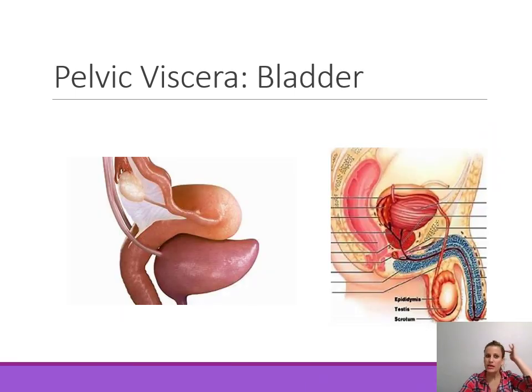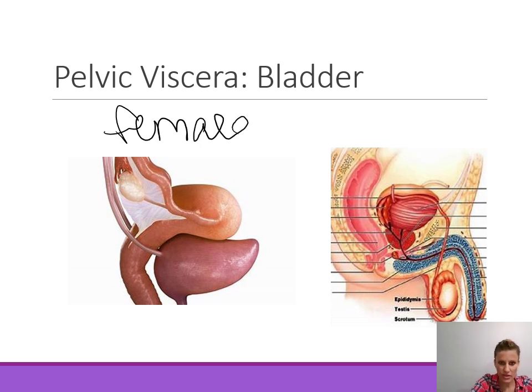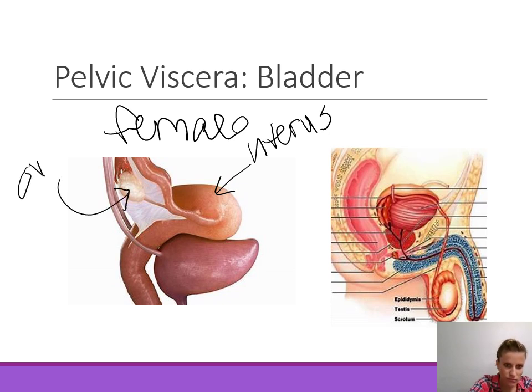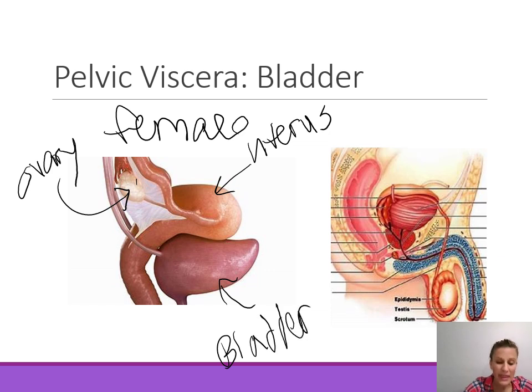Here we can see the urinary bladder in females and in males. This is the female, obviously, because we see the uterus right here. And we see ovaries right here. That means that this is the urinary bladder in the female.